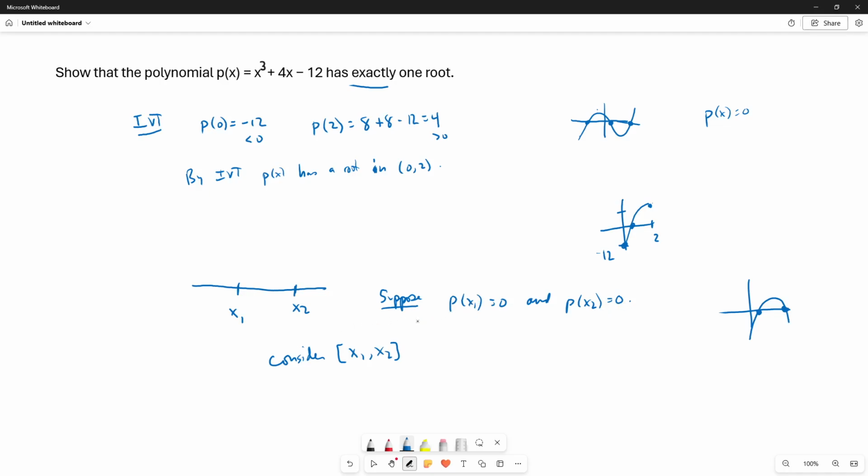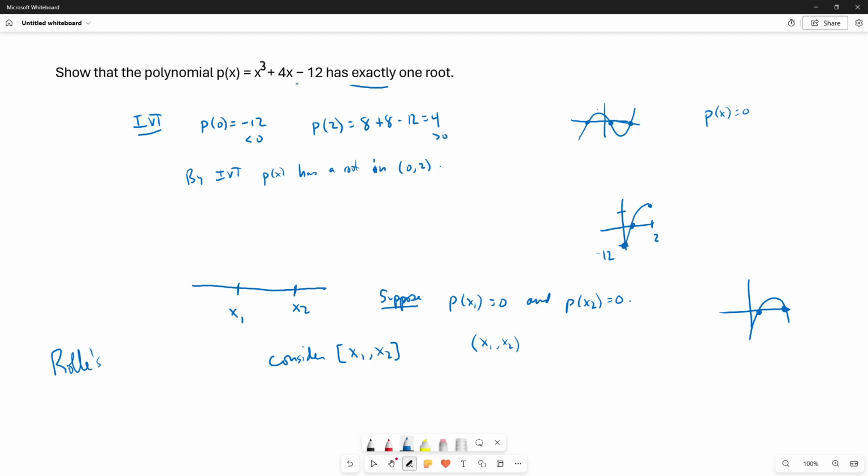So we should consider using Rolle's theorem. Rolle's theorem says that if the function is continuous on the closed interval and differentiable on the corresponding open interval from x1 to x2, then the derivative has to be 0 somewhere in between.